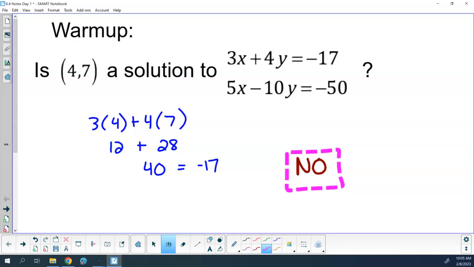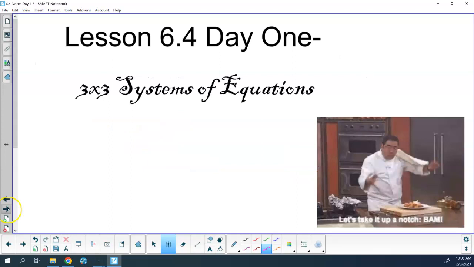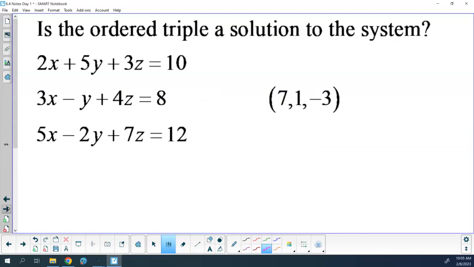Okay? So, like I said, Emerald Lagasse, let's take it up a notch. Bam. Okay? So we're going to go to 3x3 systems of equations. So now what that means is we're going to have an ordered triple. It's not an ordered pair anymore because now I've got 3.